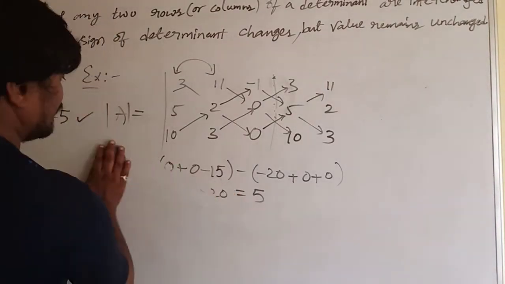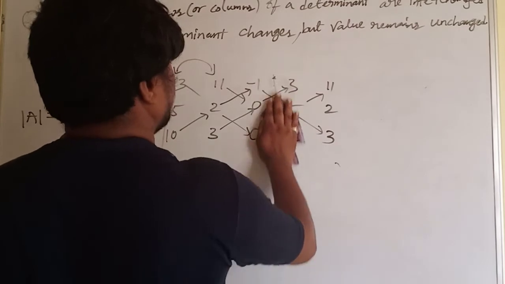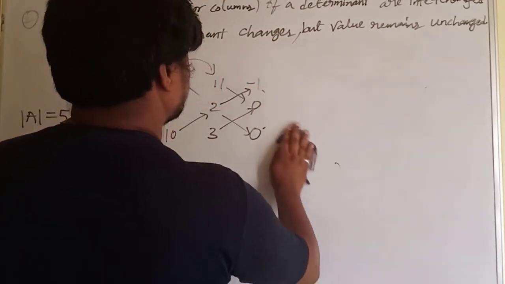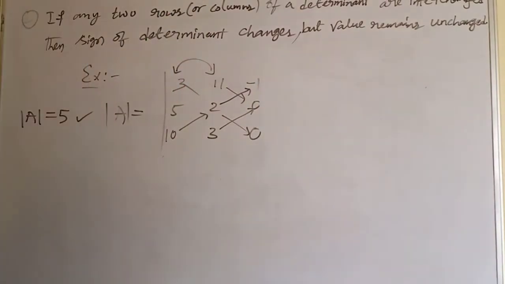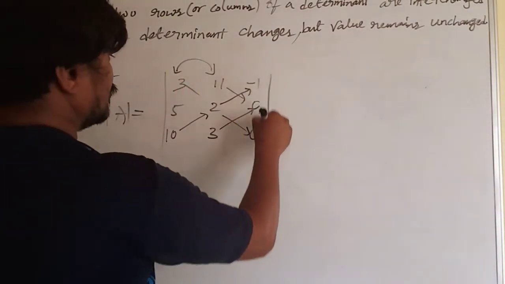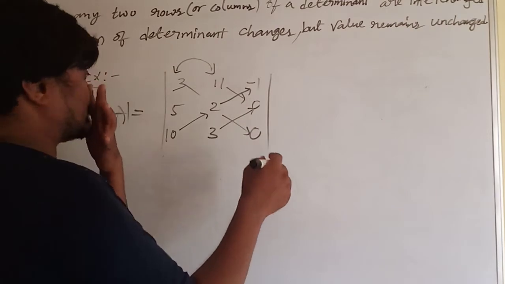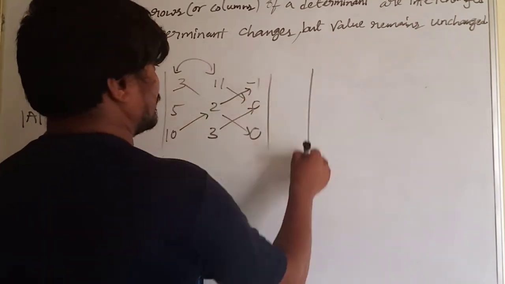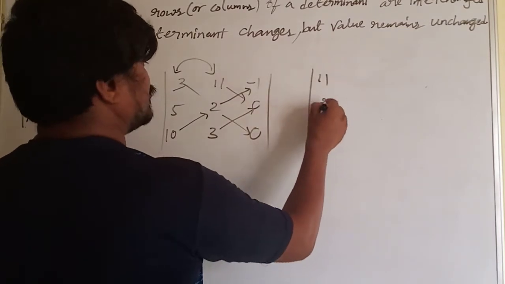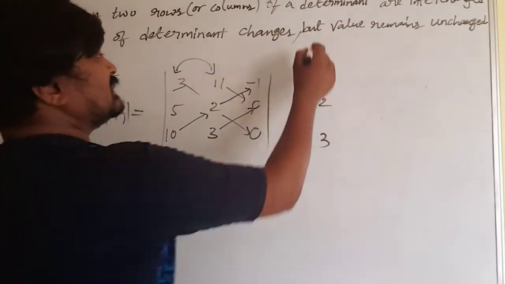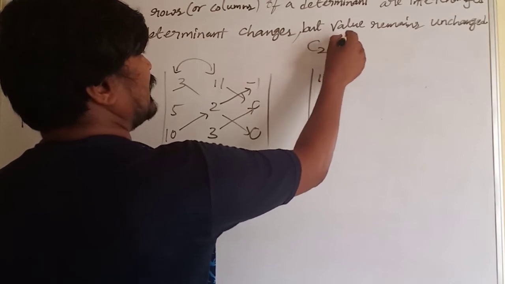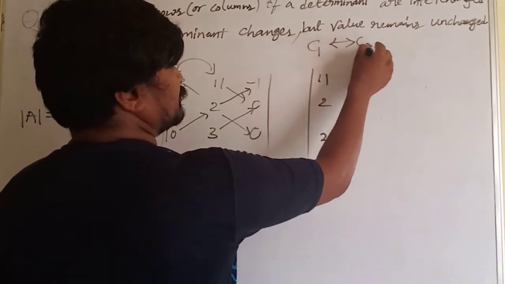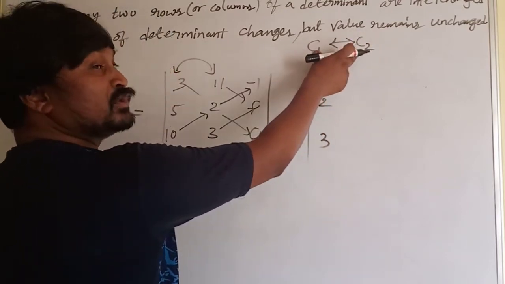For checking, I am going to write it again. So this is your question, and now I change this with this. Let me write 11, 2, 3. What is my change? C1 and C2 are interchanged.